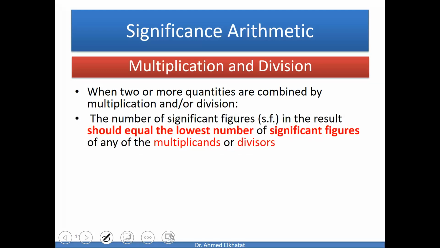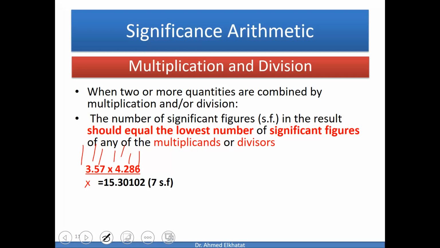Okay, here the number of significant figures of the result should be equal to the lowest number of significant figures of any of the multiplicands or divisors. So for example, we have two numbers, we want to check them. So here, how many significant figures here? 1, 2, 3. How many significant figures here? 1, 2, 3, 4. So the result, whatever the value, should be only 3 significant figures.